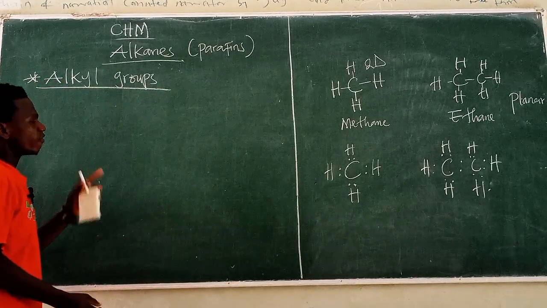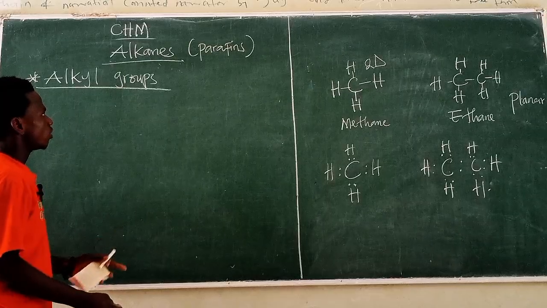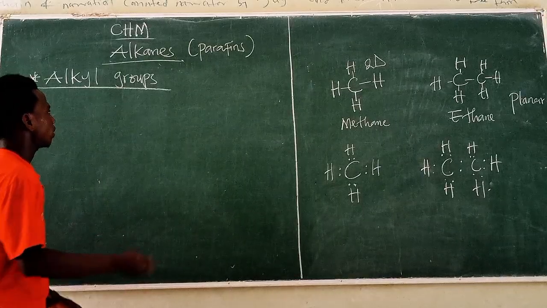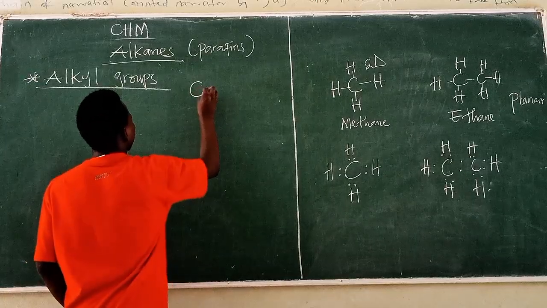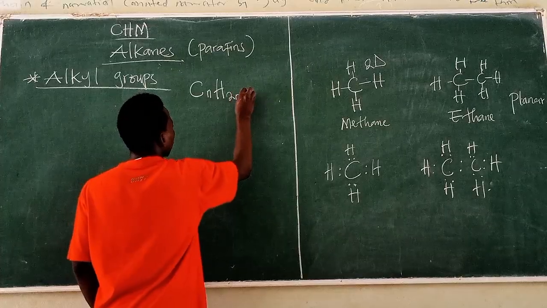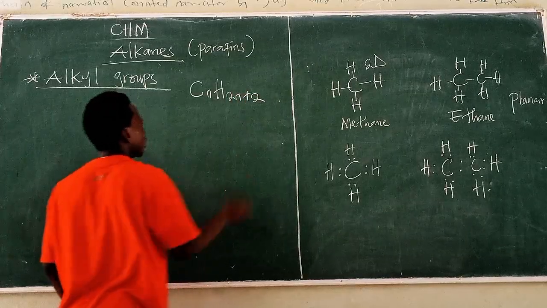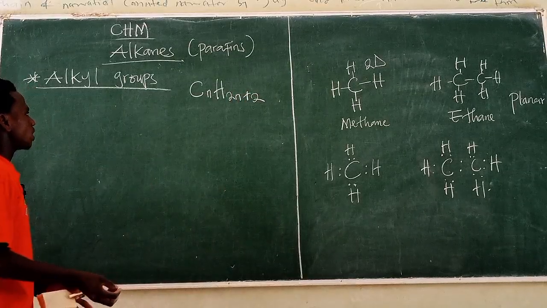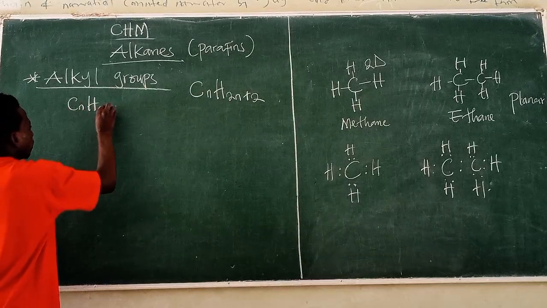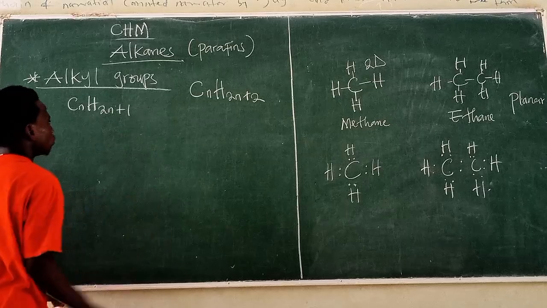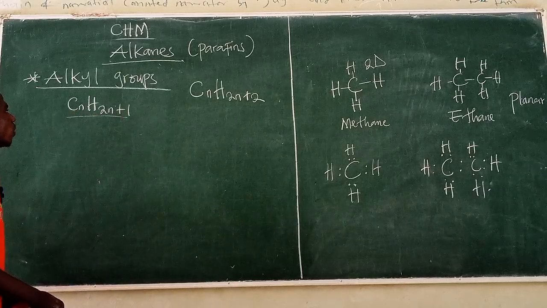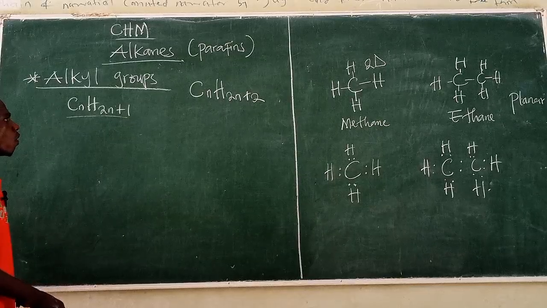Alkyl groups are formed when there is a removal of one hydrogen atom in alkanes. Now, we know that alkanes have the general molecular formula CnH2n+2. With the removal of one hydrogen atom, we'll have the molecular formula CnH2n+1. Now, this is the molecular formula of alkyl groups, of all alkyls.